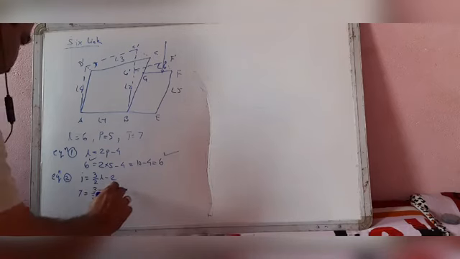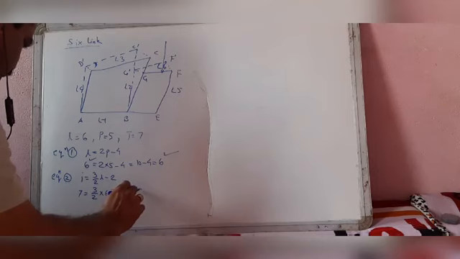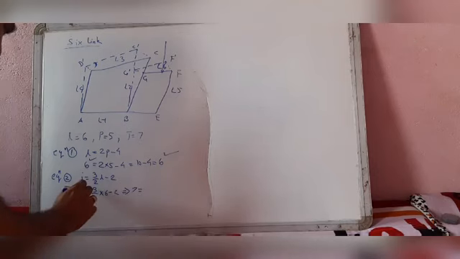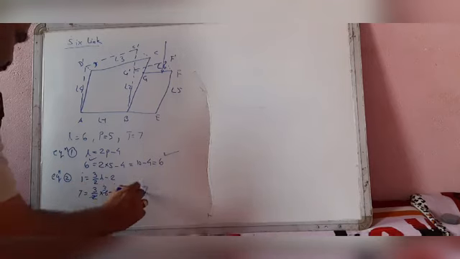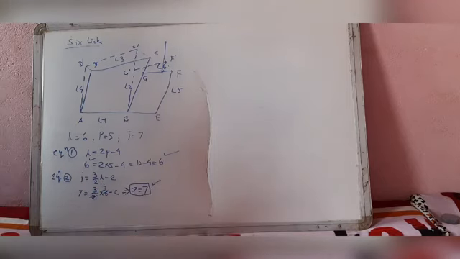So 7 equals 3 into 3 is 9, minus 2 is 7. Here also left hand side equals right hand side. Since the arrangement of 6 links as shown in the figure satisfies the equation, therefore it is a kinematic chain.